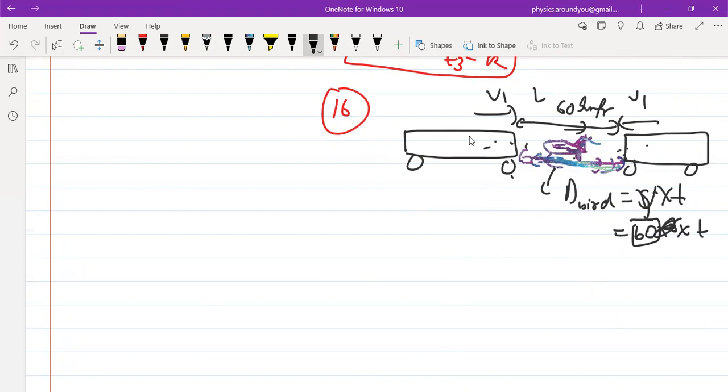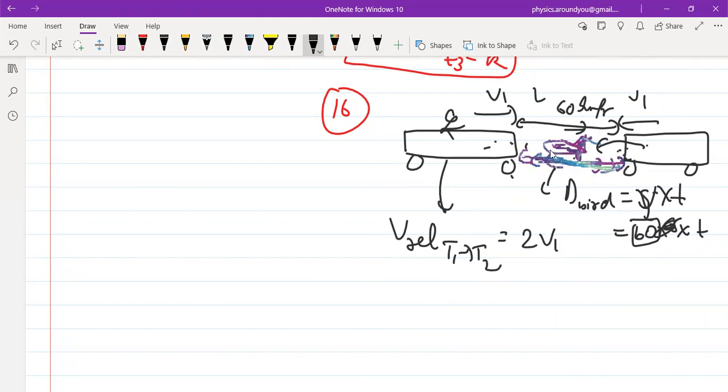At what time will these meet? Here, two objects are introduced, so we use relative velocity. What is the relative velocity of train 1 with respect to train 2? Imagine you are on this train, you will see the other train coming faster towards you. It already had some speed, and your speed also will be added up. So it will be 2v1.